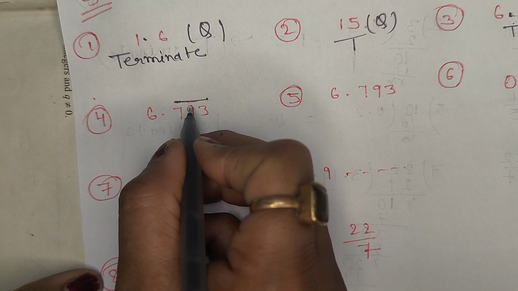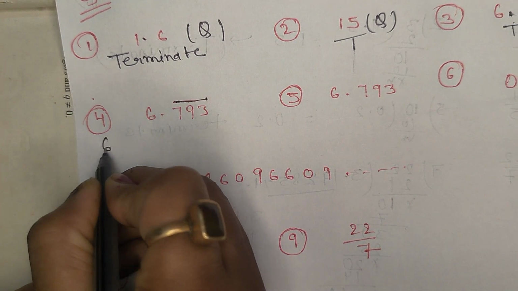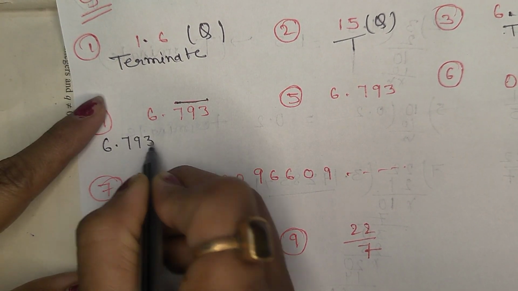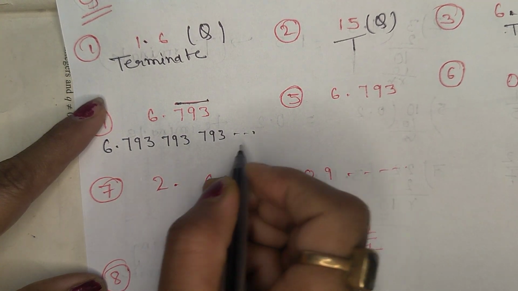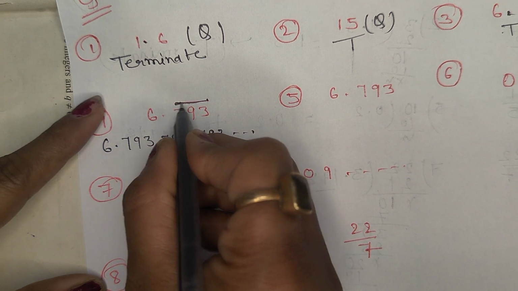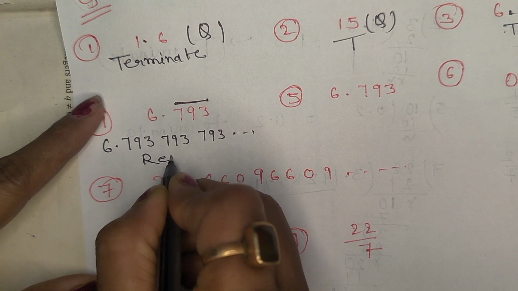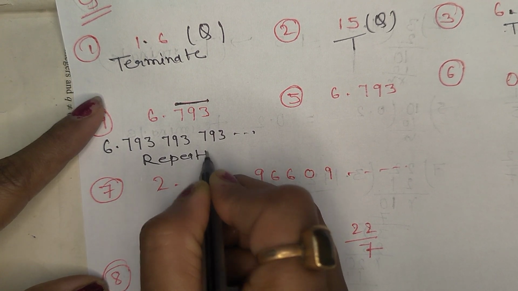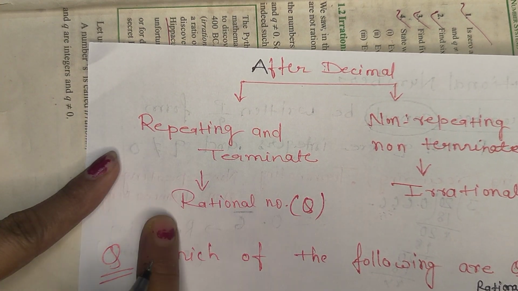The bar represents that the number repeats multiple times, like 793 793 793 and so on. Since 793 is repeated multiple times, you take a bar. This type of number we call repeating, and we know that repeating and terminating numbers are called rational numbers.